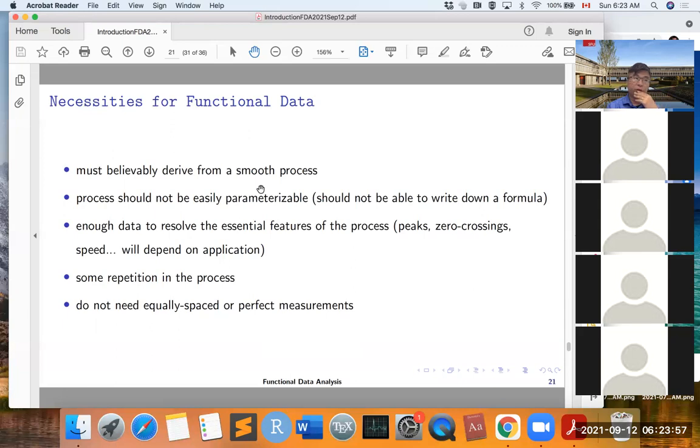If we don't have data showing the peaks, then it's hard to identify them. And we assume that the function has repeated measurements, but the data don't have to be equally spaced or have perfect measurements.